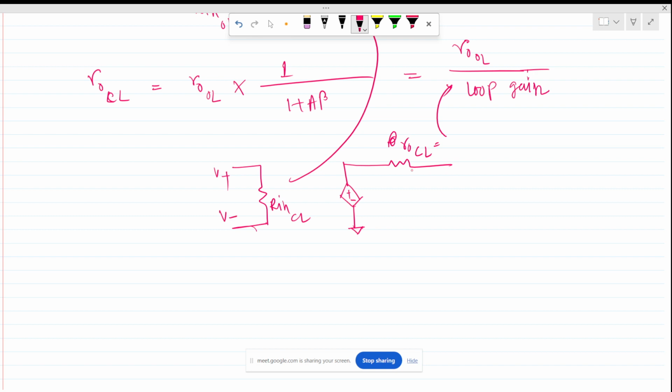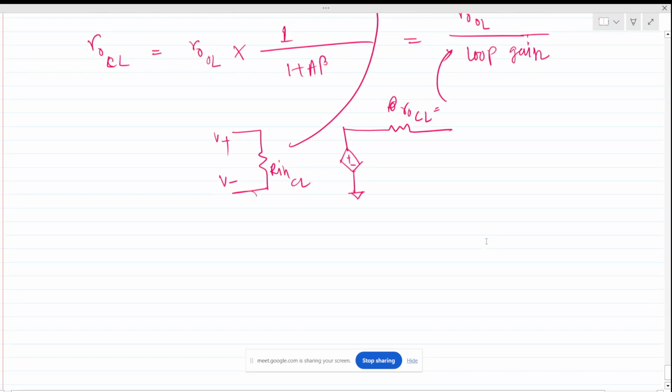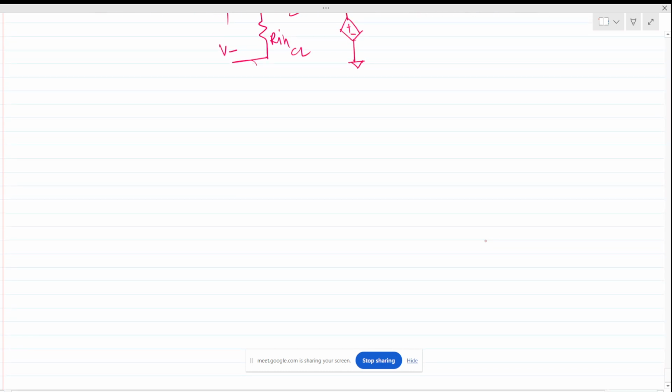Now what should we discuss? We should discuss the inverting configuration. We have discussed the non-inverting configuration previously, and now the inverting amplifier.